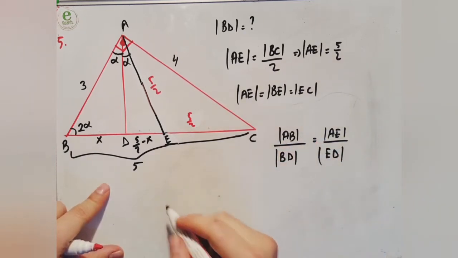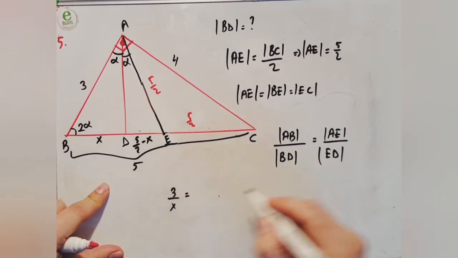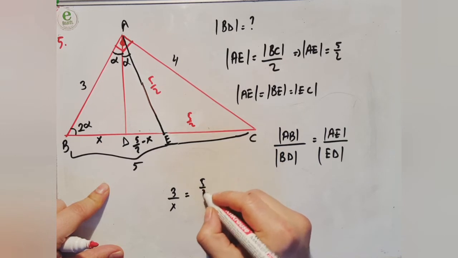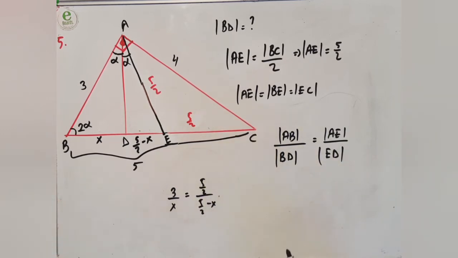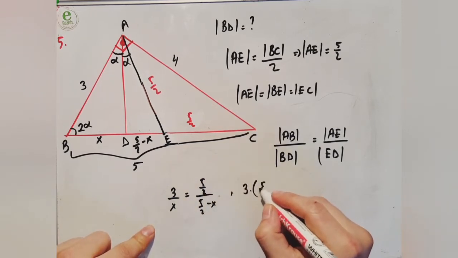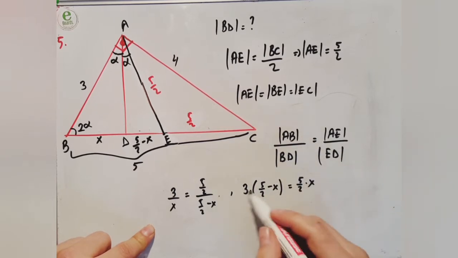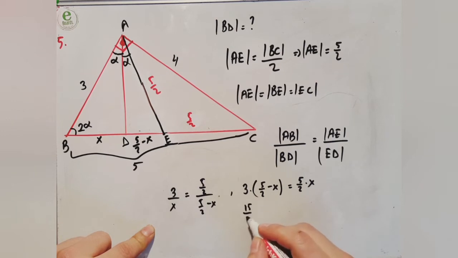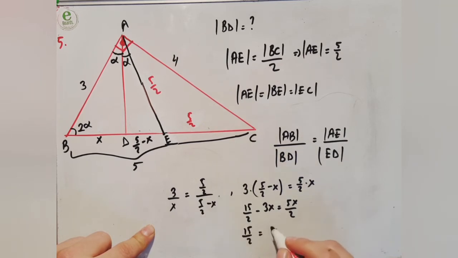So AB is 3, BD is X, equal to AE is 5 over 2 over DE is 5 over 2 minus X, and by cross multiplication, 3 times (5 over 2 minus X) is equal to 5 over 2 times X. 3 times 5 over 2 is 15 over 2 minus 3X is equal to 5X over 2. 15 over 2 is equal to 5X over 2 plus 3X.